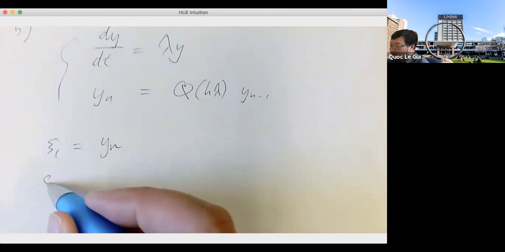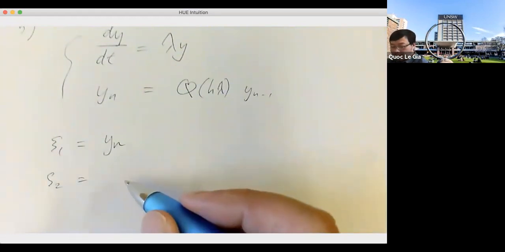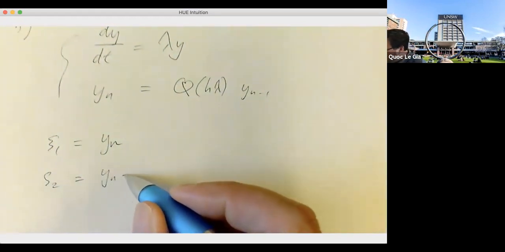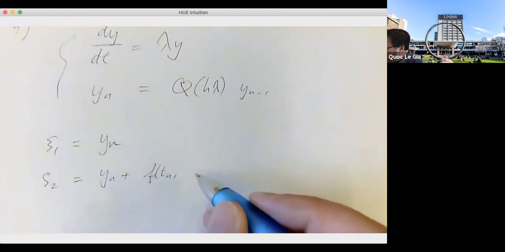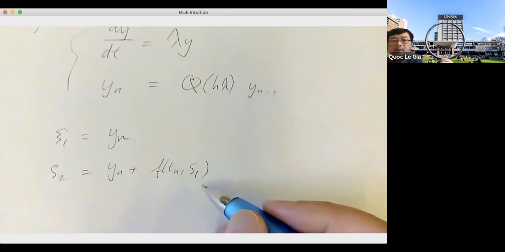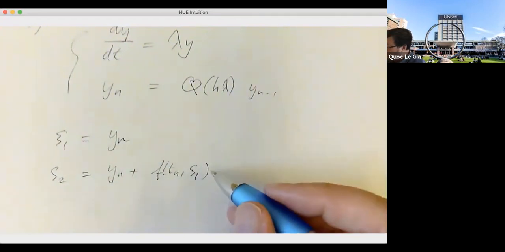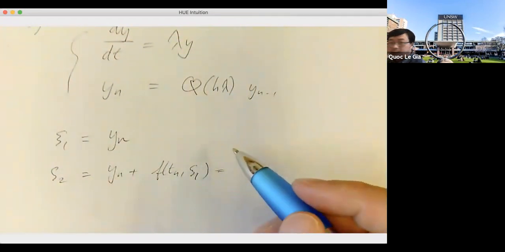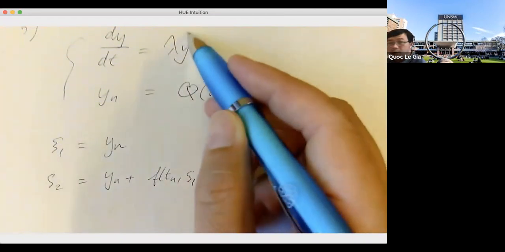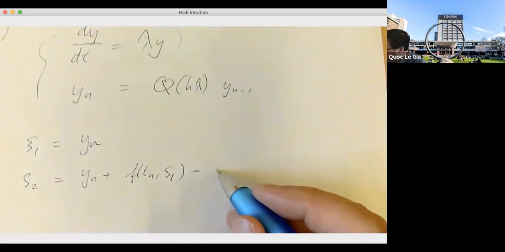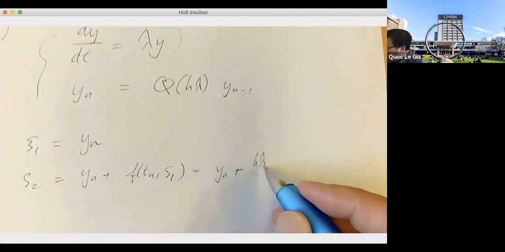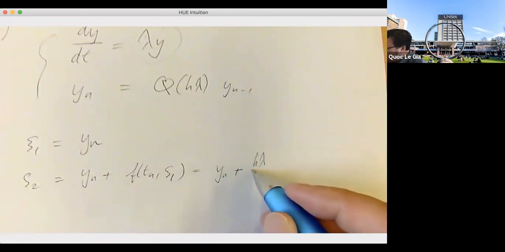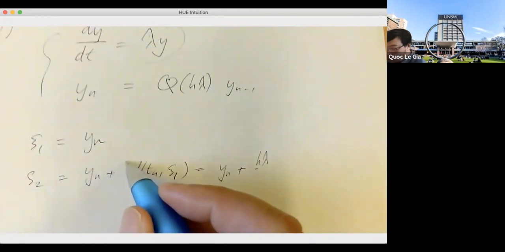But xi2 now is yn plus, remember, f of Tn xi1, which is just yn. And now what is f? So f is this one. So then it's yn plus h lambda. Well, I forgot the h over 2 here.